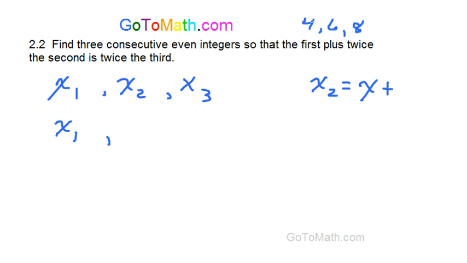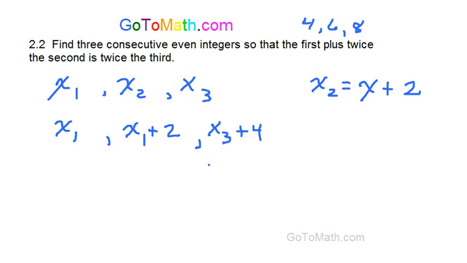If we add 2 to the first one we get 6, and if we add 4 to the first one, we get the third one. So the second even integer is the first plus 2, and the third is the first plus 4. Hopefully that makes sense.